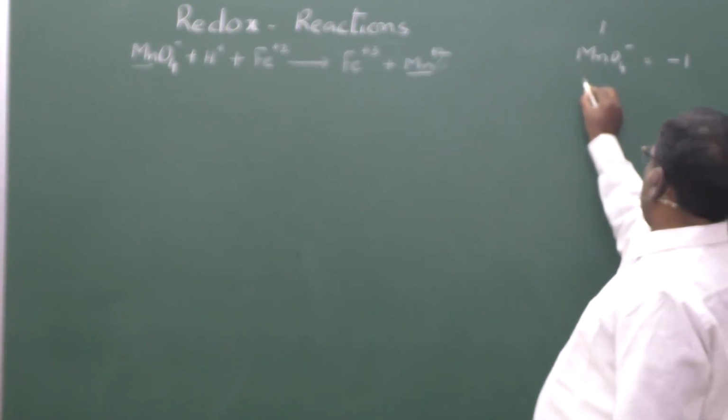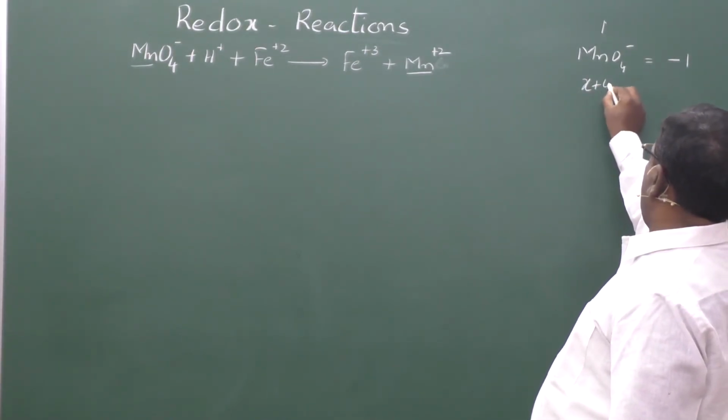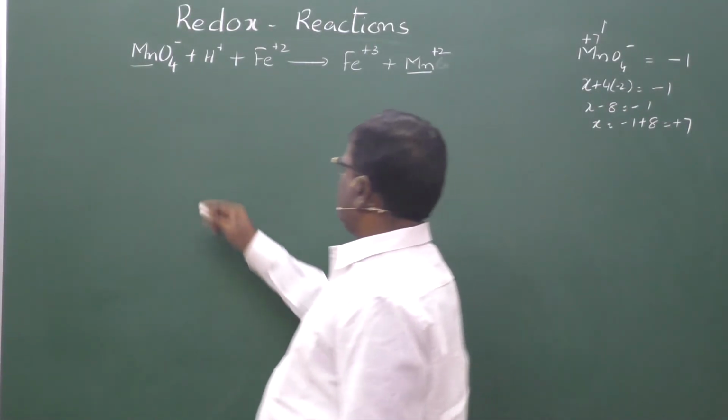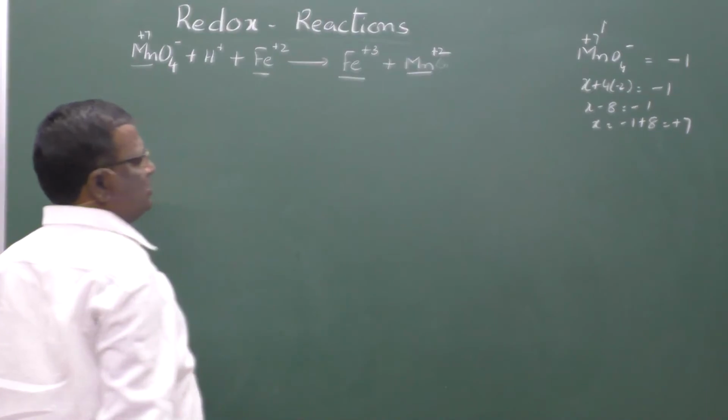Here, the manganese oxidation state is X plus 4 into minus 2 is equal to minus 1, X minus 8 is equal to minus 1, X is equal to minus 1 plus 8, that is equal to plus 7. So, the oxidation state of Mn in MnO4 minus is plus 7. So, Fe is plus 2 and here it is plus 3.